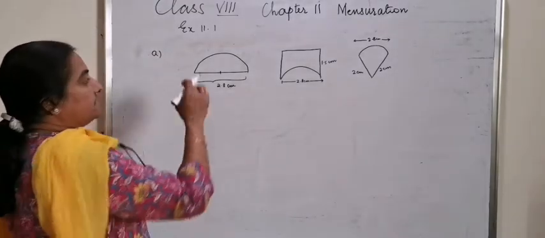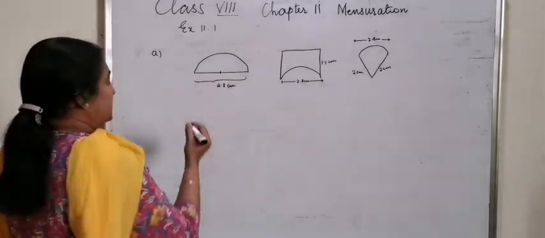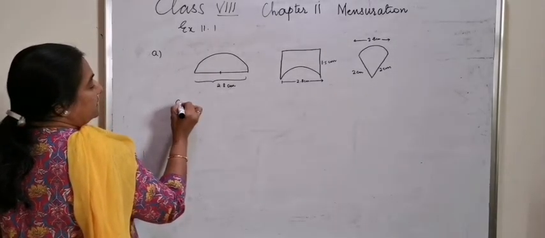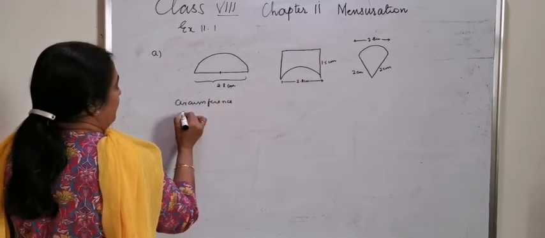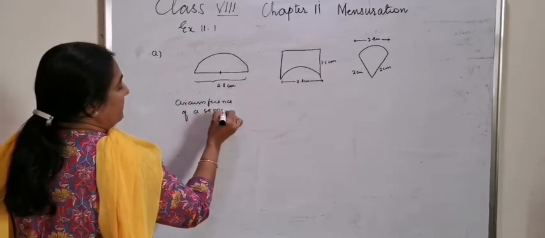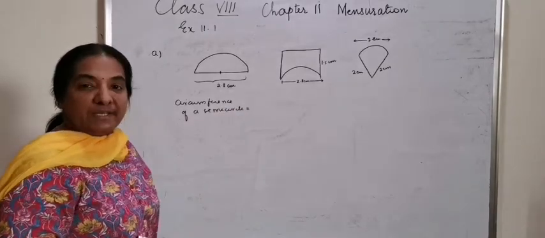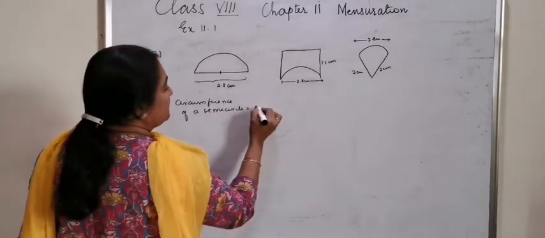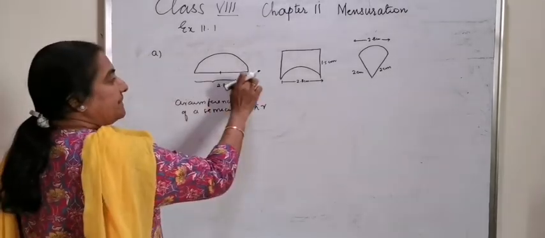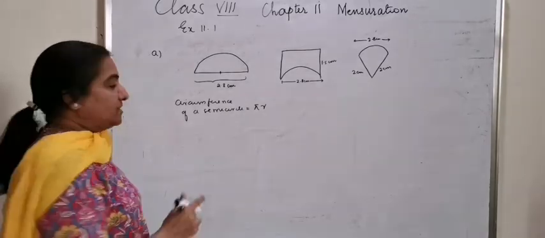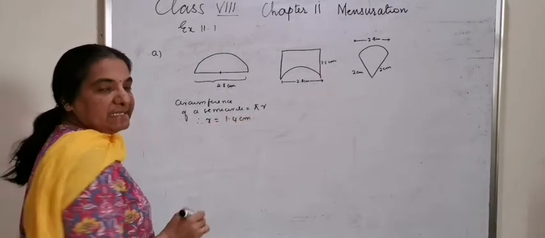You can see here there is a semicircle and a diameter portion. So circumference of a semicircle is equal to, the circumference of the full circle is 2 pi r. For a semicircle it is pi r, where r represents the radius. Here the diameter is given as 2.8. So the radius in this figure is 1.4 centimeter.